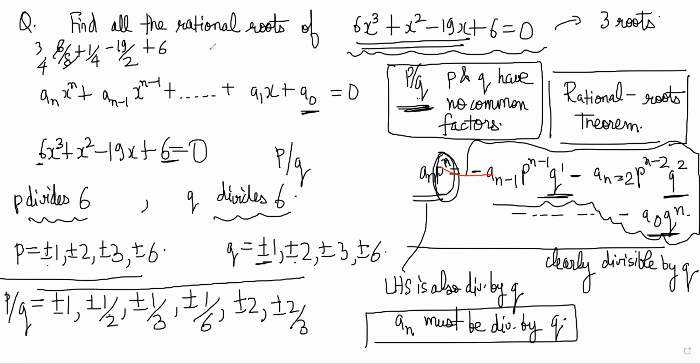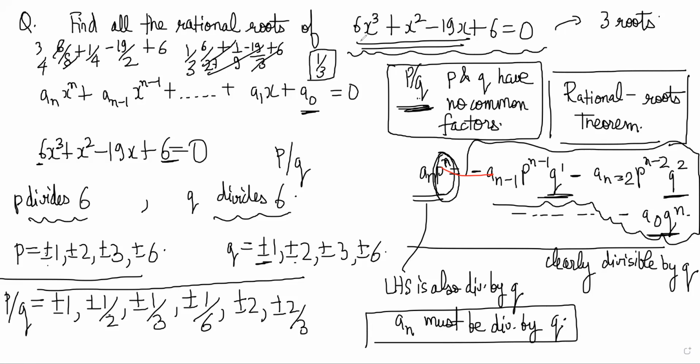If you check 1 by 3, it becomes 6 by 27 plus 1 by 9 minus 19 by 3 plus 6. 6 by 27 plus 3 by 27 is plus 1 by 3, minus 19 by 3, and this cancels with the 6. So 1 by 3 is a root, right?